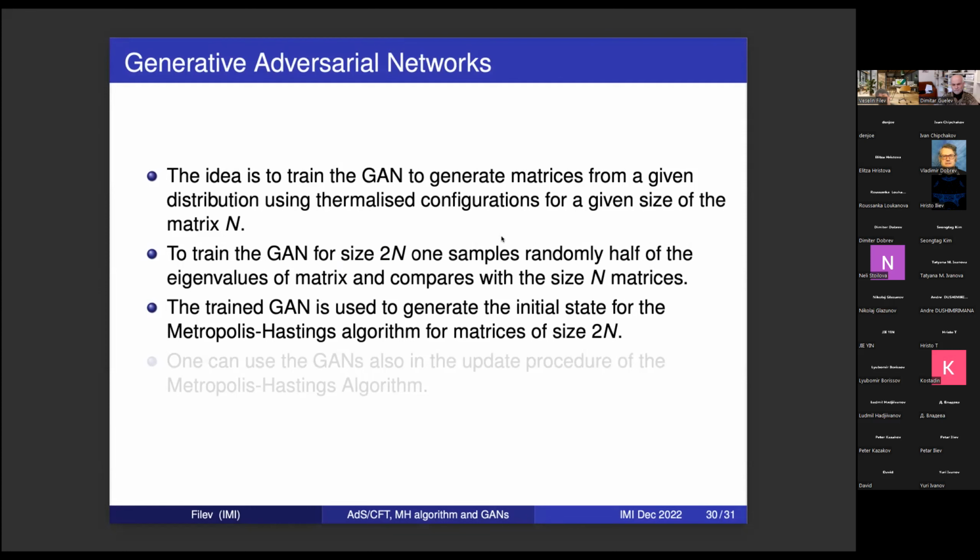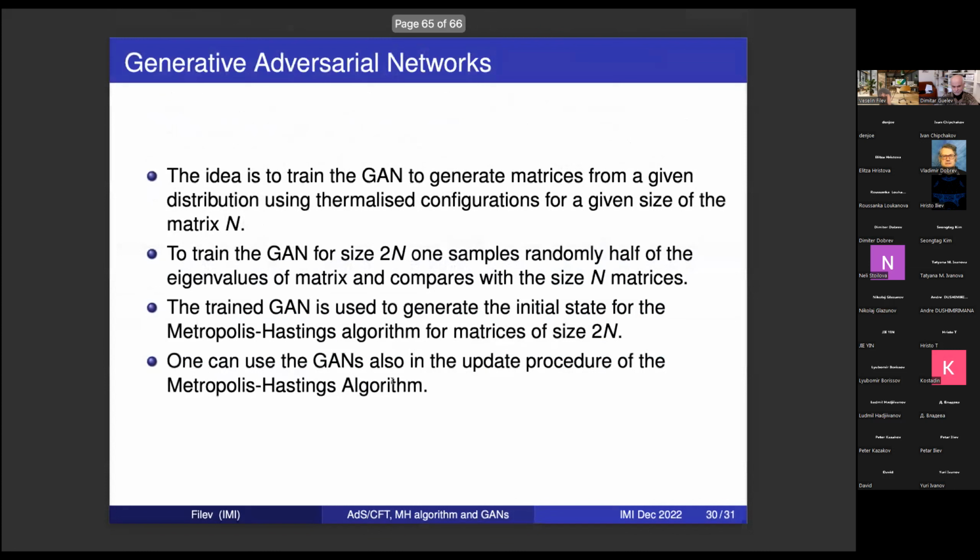Then I would lower significantly the autocorrelation. It just has to be tried whether it will work. Another application is that you could probably use that for the update procedure of the Metropolis-Hastings algorithm.